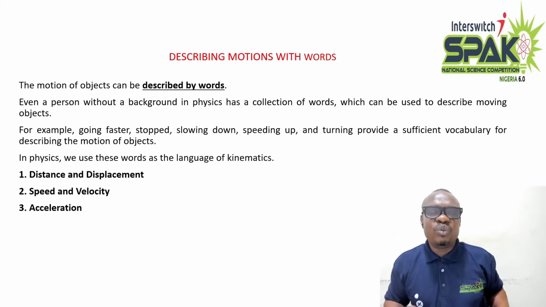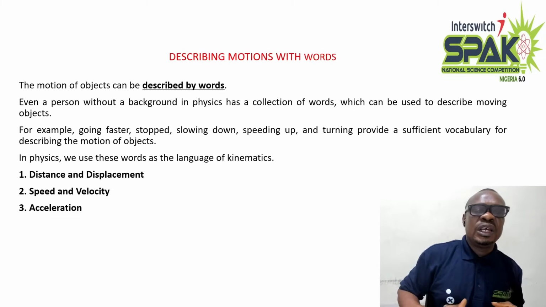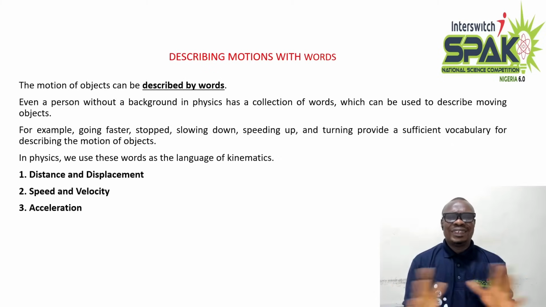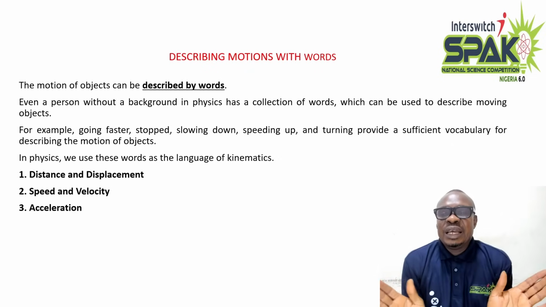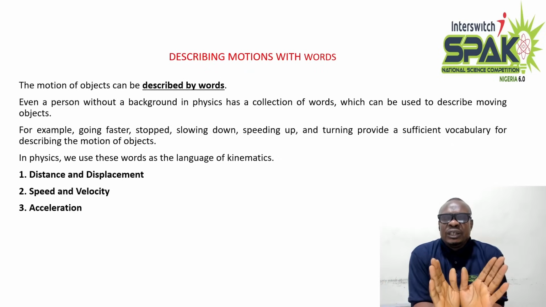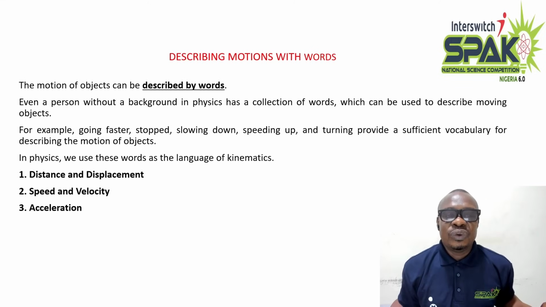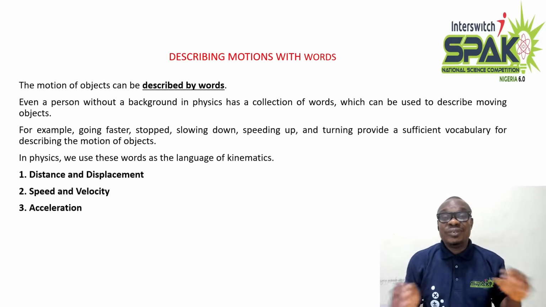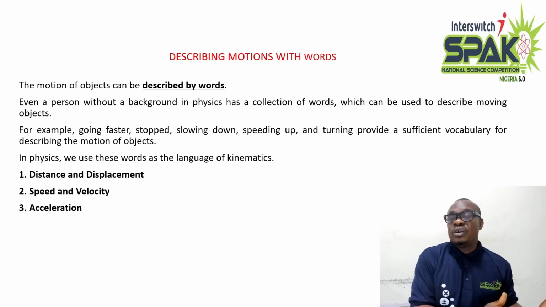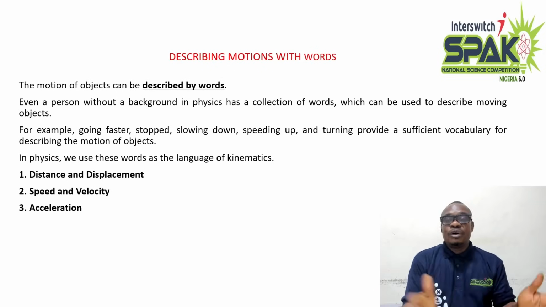So what are these words we can use to describe motion? In our day-to-day activities, a layman can use several words to describe movements. Every person without a background in physics has a collection of words which can be used to describe moving objects.